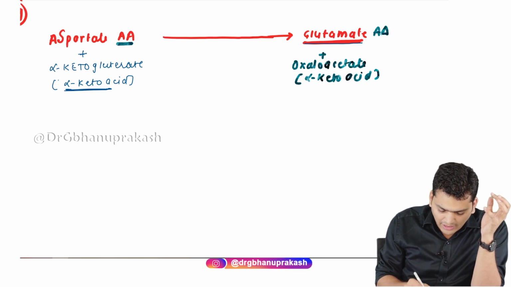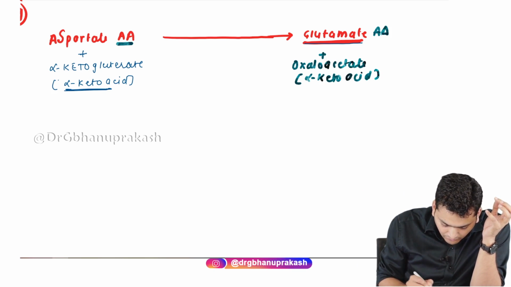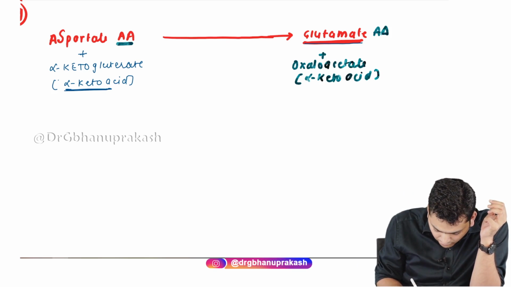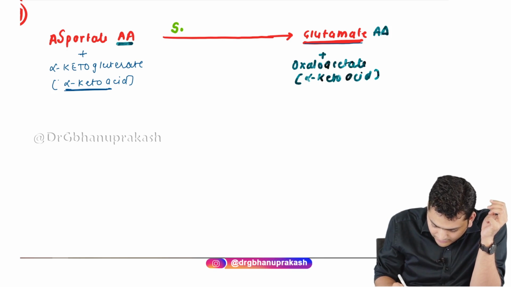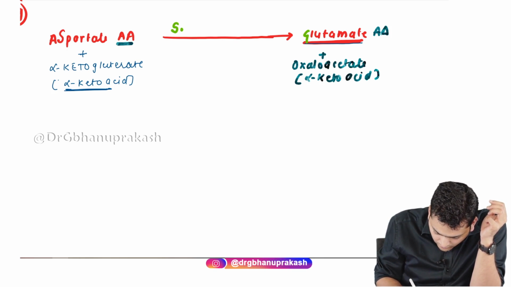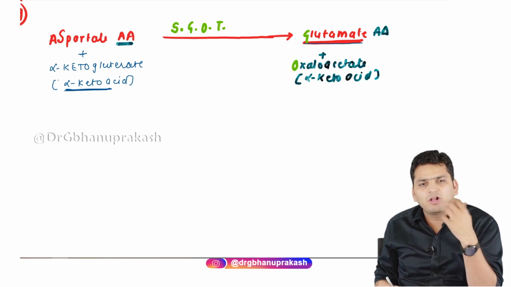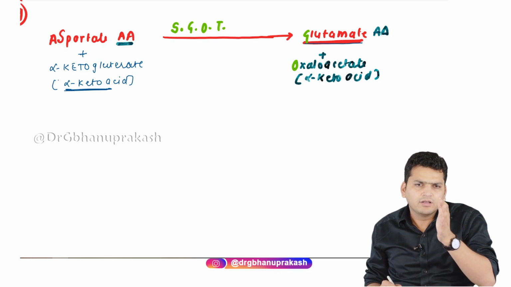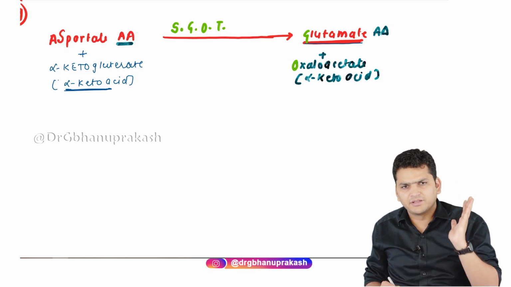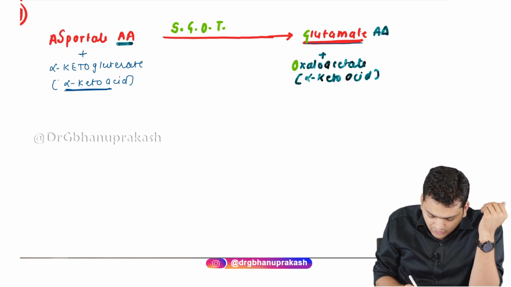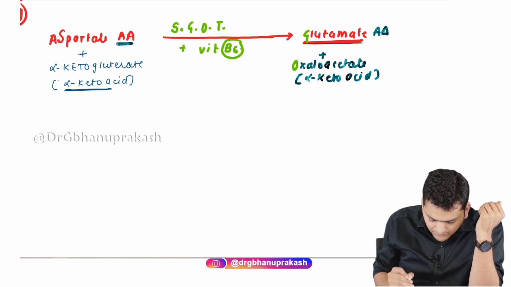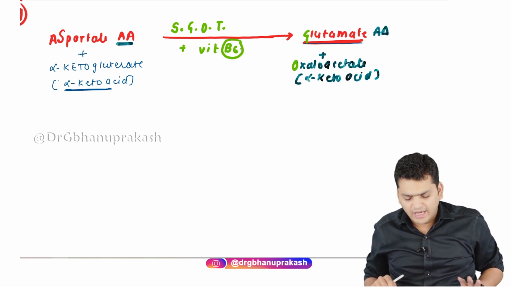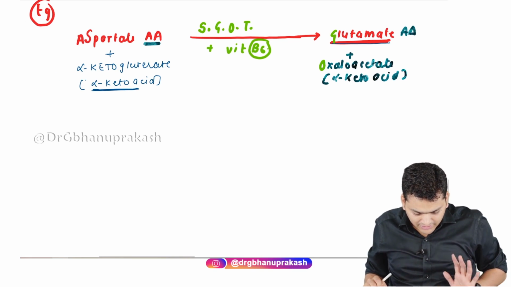The full name of the enzyme for this particular reaction is serum glutamate oxaloacetate transaminase, also referred to as SGOT. The coenzyme, we know, is going to be vitamin B6. This is one example.